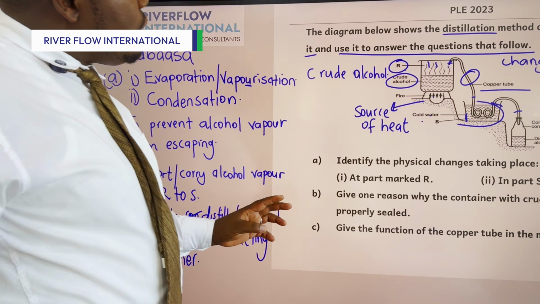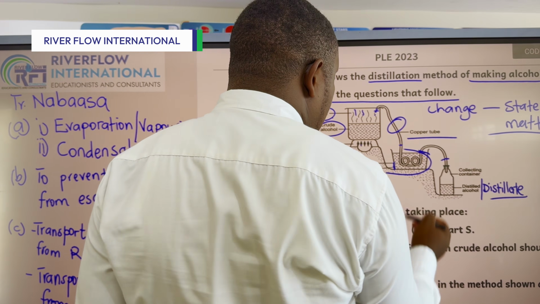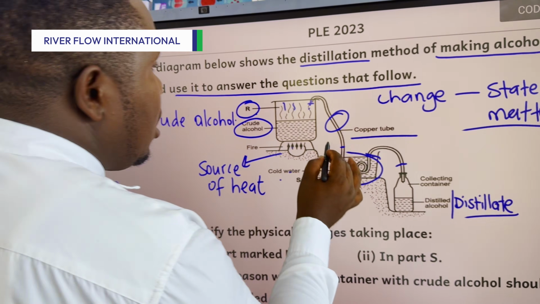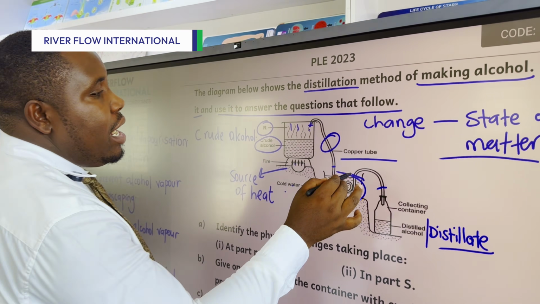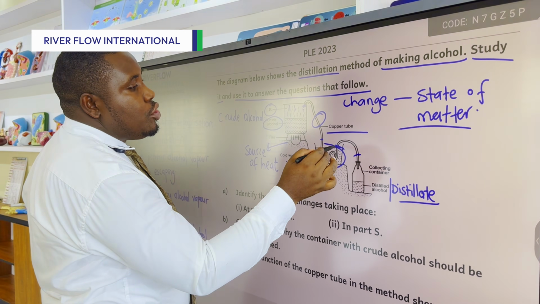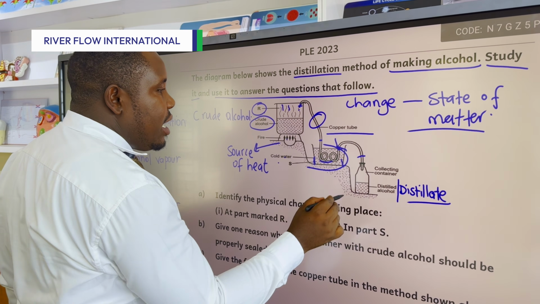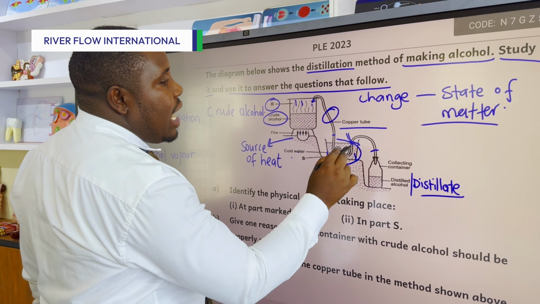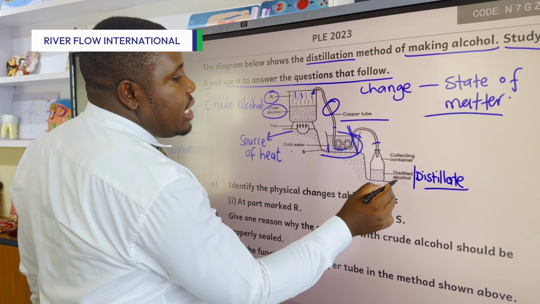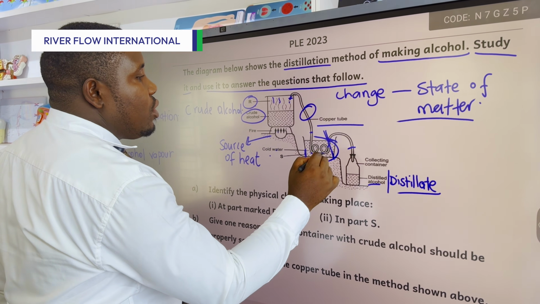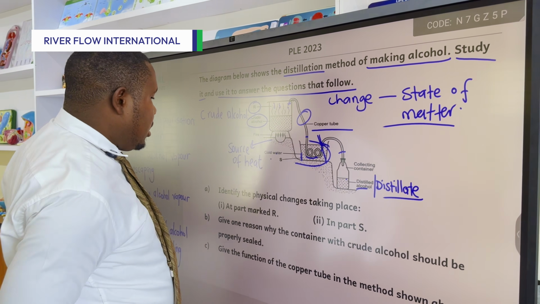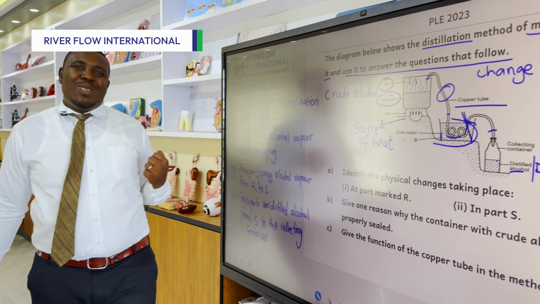Those are the two functions of this copper tube. From here, it is carrying vapor to here. Past here, this vapor has condensed, and from here, it is only carrying distilled alcohol from the condensation chamber to the collecting container.